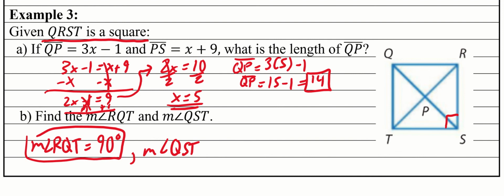One of the properties that we just talked about with a rhombus is that the diagonals bisect the opposite angles. So for instance, if I have a 90-degree angle and I bisect it with that diagonal, I'm going to cut it into 2 congruent halves. And those 2 halves, if I just cut 90 divided by 2, are going to give me 45 each. So that would be my final answer, 45 degrees.